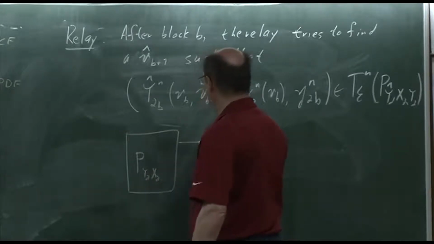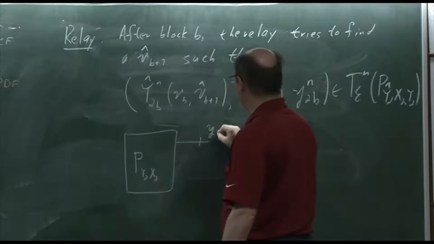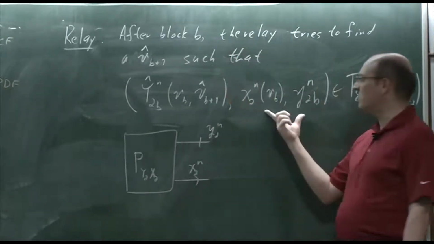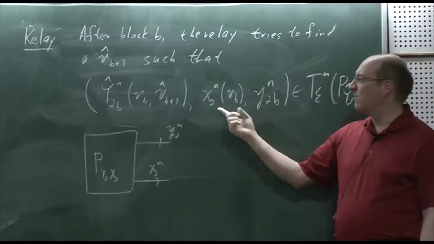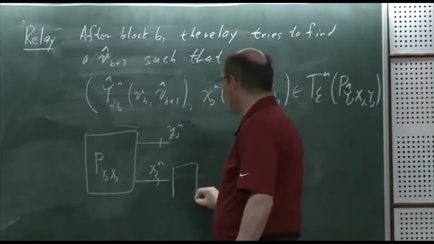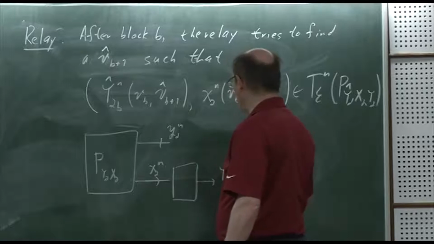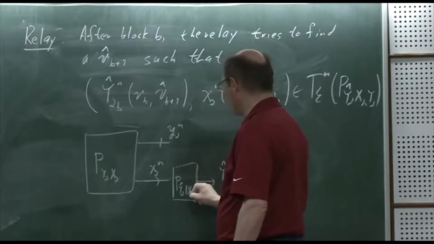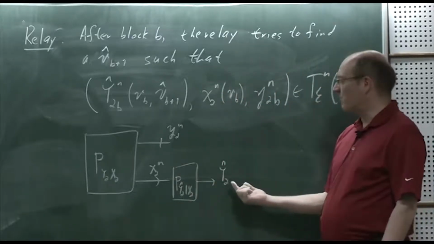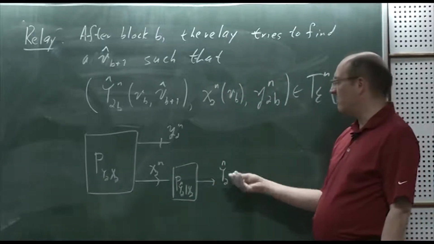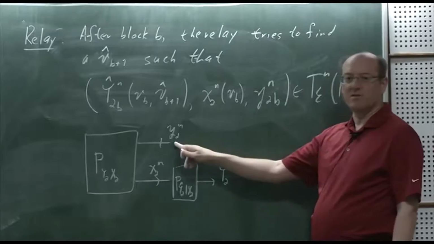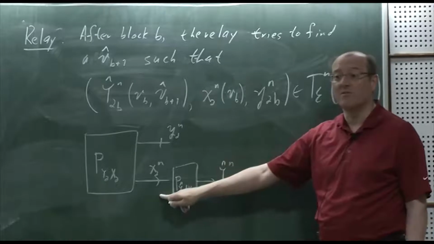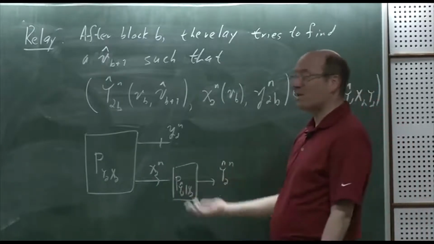We have y2, x2. y2n was produced and x2n was produced, and these two are typical with high probability. And then we're looking at generating random y2 hat n's across the channel p of y2 hat given x2. And we're asking what's the probability that this one happens to be typical with respect to this. It's 2 to the minus n times the mutual information between these two, given that, right? Remember, it's the conditional version. So that gives us our bound.